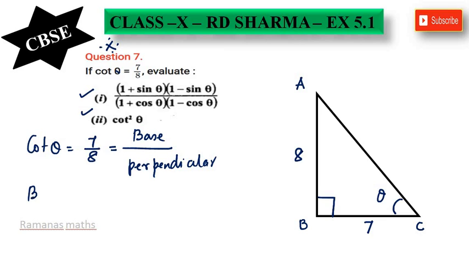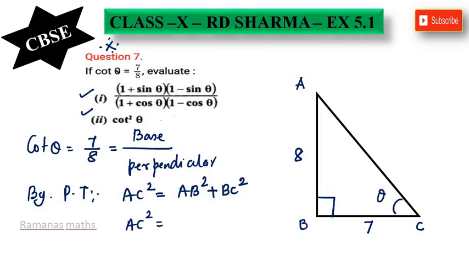By Pythagoras theorem, AC square is equal to AB square plus BC square. We have values for AB and BC, so AC square is equal to 8 square plus 7 square. 8 square is 64 and 7 square is 49.